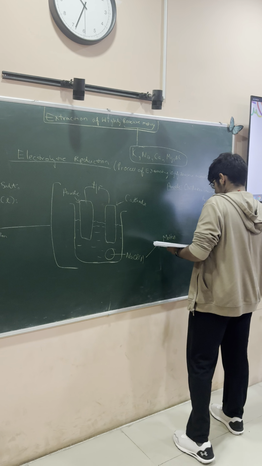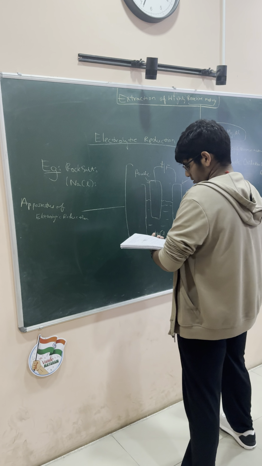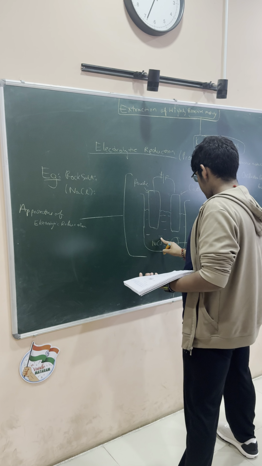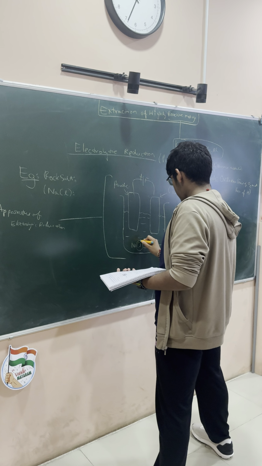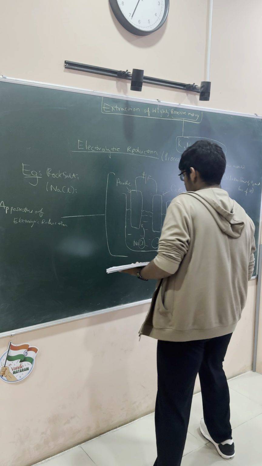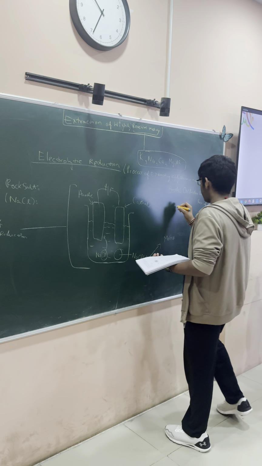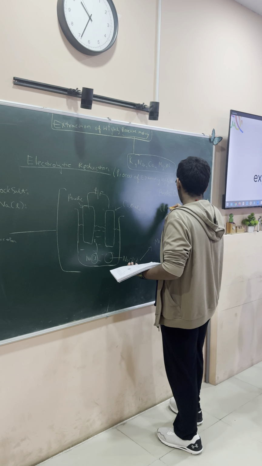Now in the anode, this is NaCl. What happens is that this Cl goes to the anode, and it loses an electron.